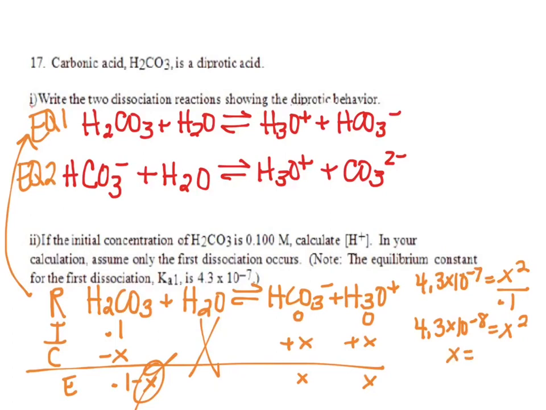So what's the value of X? 2.07 times 10 to the minus 4. That's my molarity of H3O plus. So what is the pH? Negative log of that. So 3 something, 3.68 is our pH.